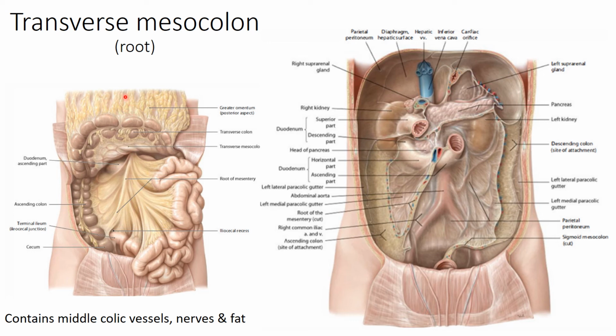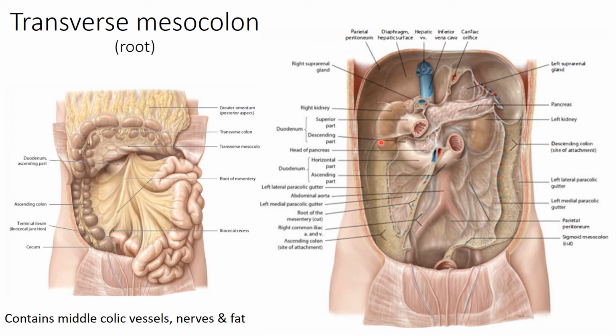This superior upper layer is in continuity with the posterior layer of the greater omentum, and they are in close approximation and fused with each other. And this inferior layer is in continuity with the peritoneum of the posterior abdominal wall.